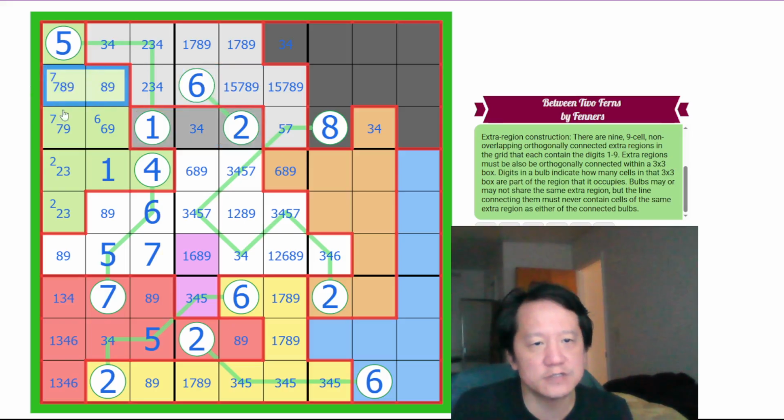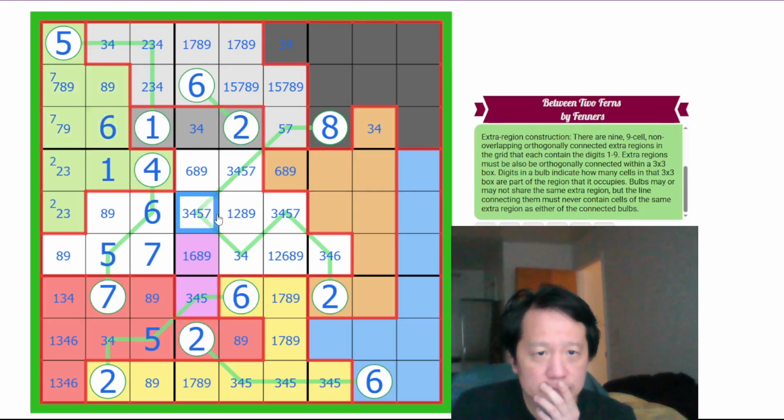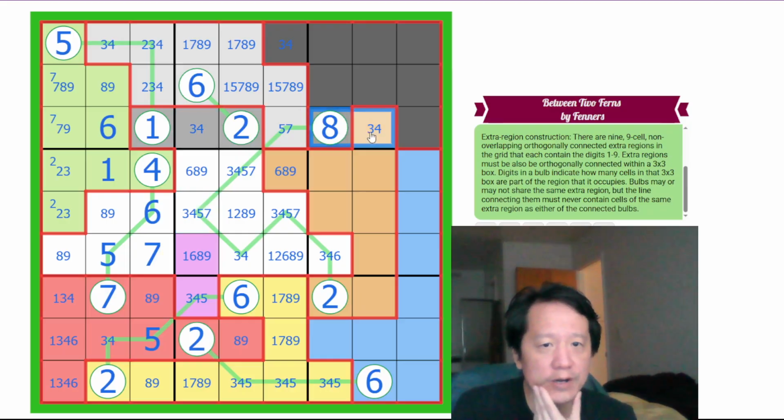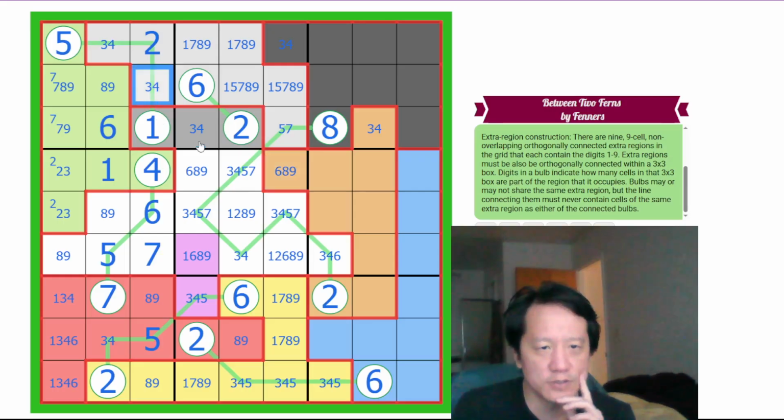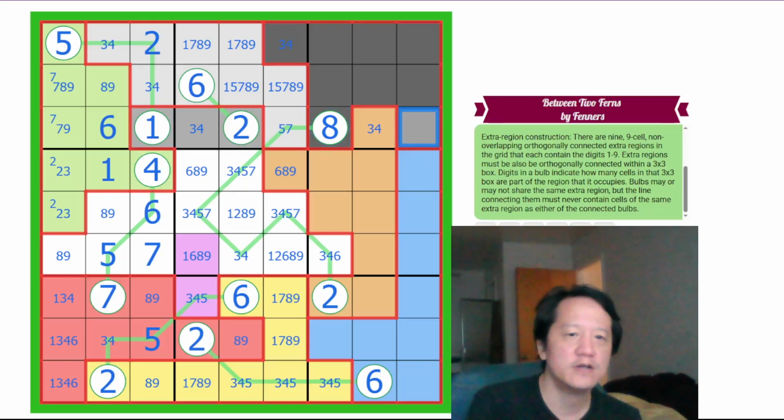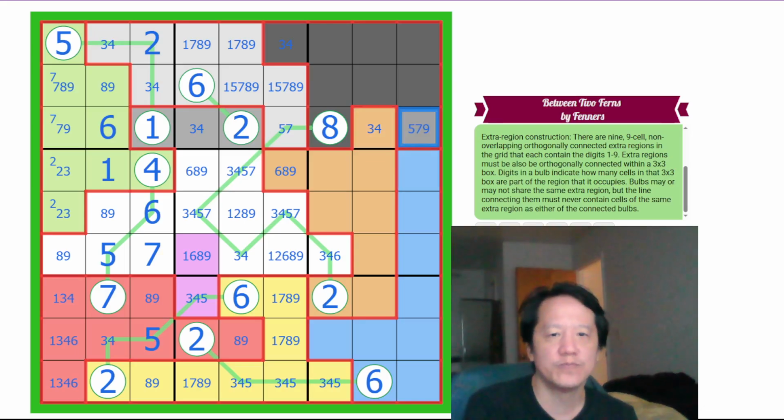So where is 6 in box 1? It must be there. We have a 3, 4 pair in row 3, which eliminates 3 and 4 in the rest of the row. Also, we have a 3, 4 pair in row 1, which eliminates 3, 4 in the rest of that row. So this can't be 3 or 4, it's 2. That means this can't be 2. So these 3 4s, we don't know which is which, but this has to be 5, 7, or 9 here.